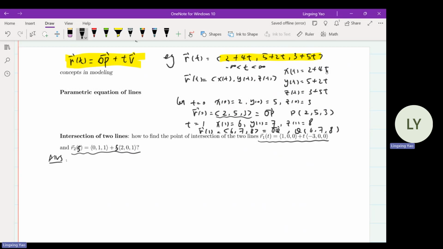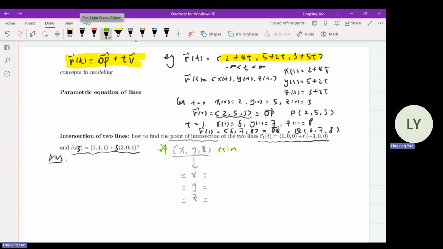And how do we do that? Well, let's think about it. The point of intersection will have a set of three coordinates, right? So if there is such a point, then we could just try to find it.